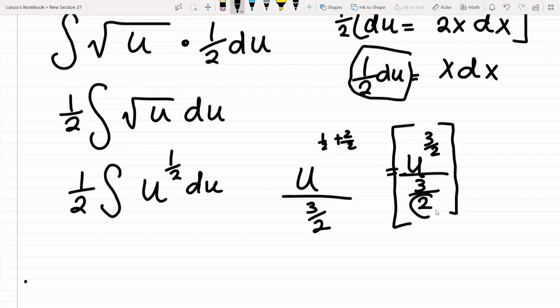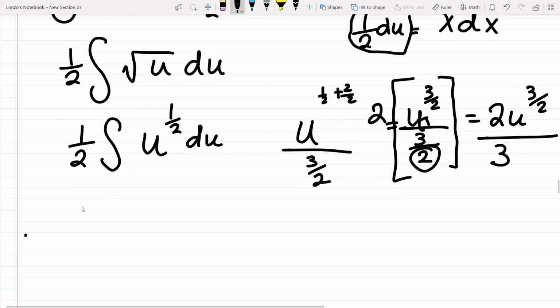So here's 2, this has a 1. We're going to multiply by the common denominator, which is between 1 and 2, the common denominator would be 2. So 2 times u to the 3/2 is 2u to the 3/2. And then 2 times 3/2, the 2's cancel, so you're left with 3. And then don't forget, you've got to multiply it by 1/2.